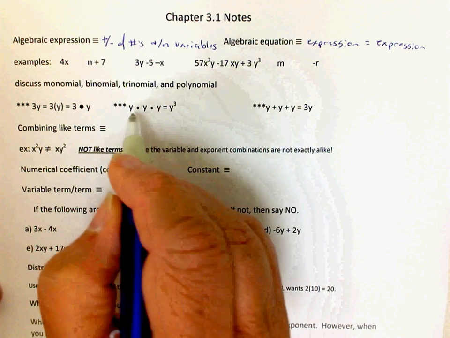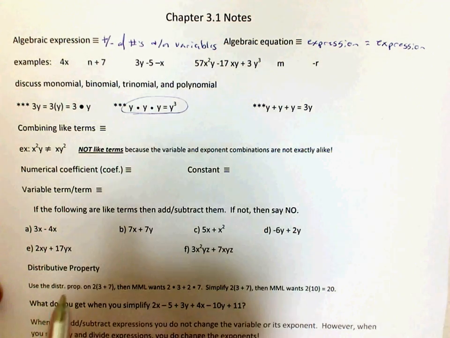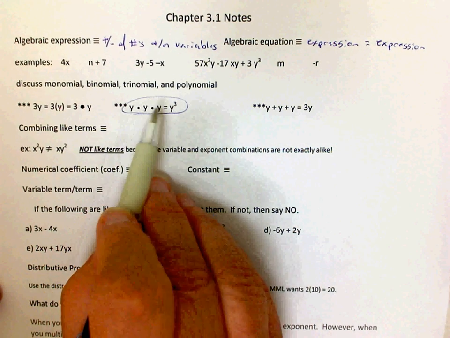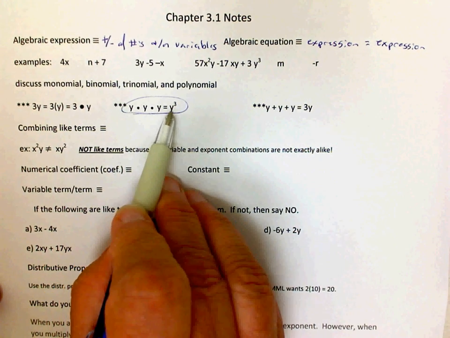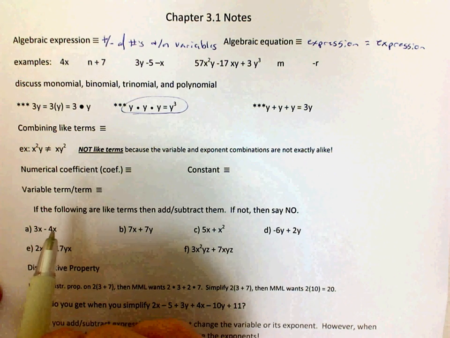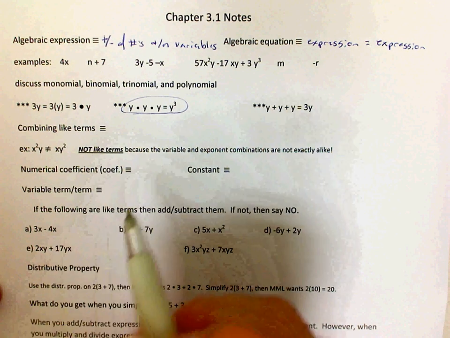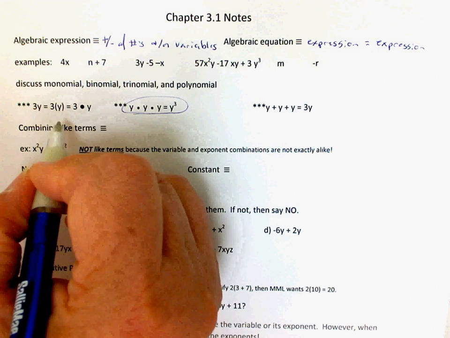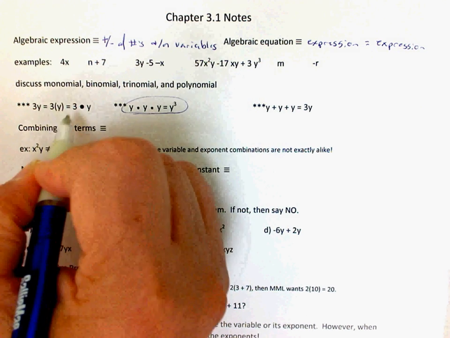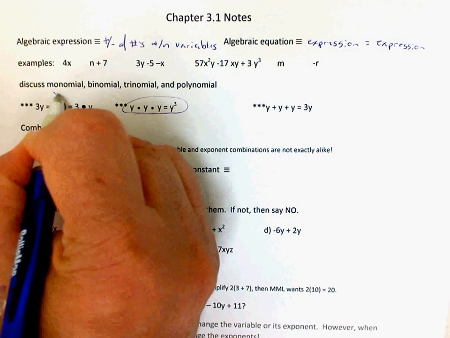But don't confuse it with this. y times y times y we can write as y to the 3rd power. That would be like if I said let y be 3.